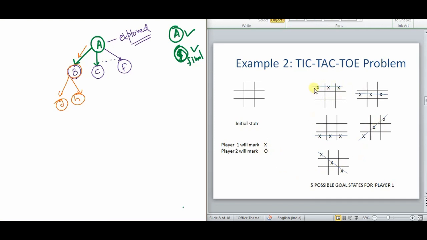Triplets are created either horizontally or diagonally. Those particular configurations will be the final states for player 1. Similarly for player 2 there will be 5 other possible states, and there will be another state called the draw state, wherein no progress can be made.